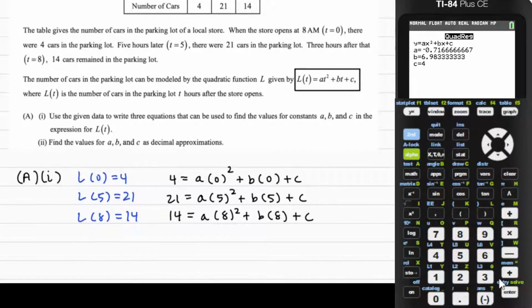So A, I'm going to say, all right, it looks to me like A is negative 0.717. B is going to equal 6.983. And C is going to equal 4 like I expected. Okay, so that's good.